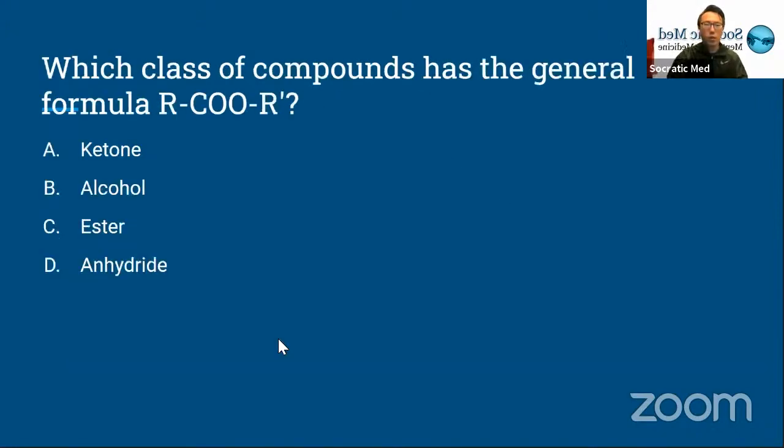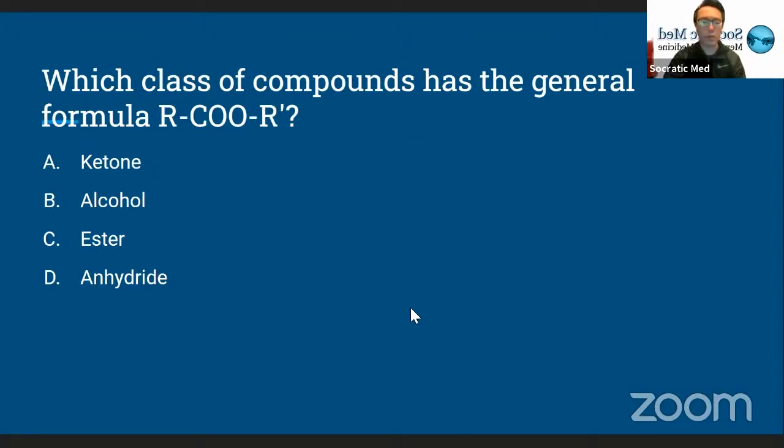This problem: which class of compounds has the general formula RCOOR? Most people pick choice C, and that's the correct answer. You can draw out the structure.